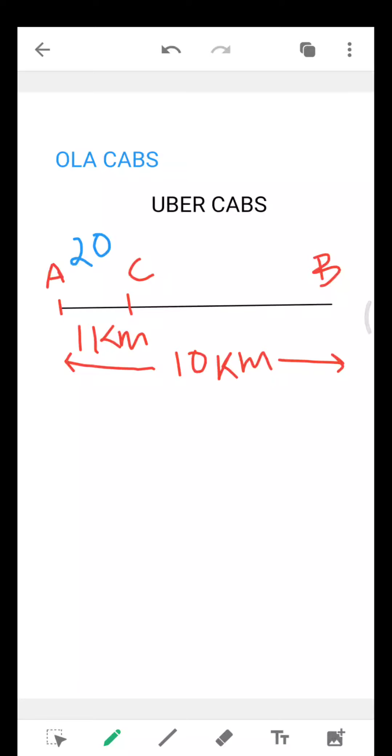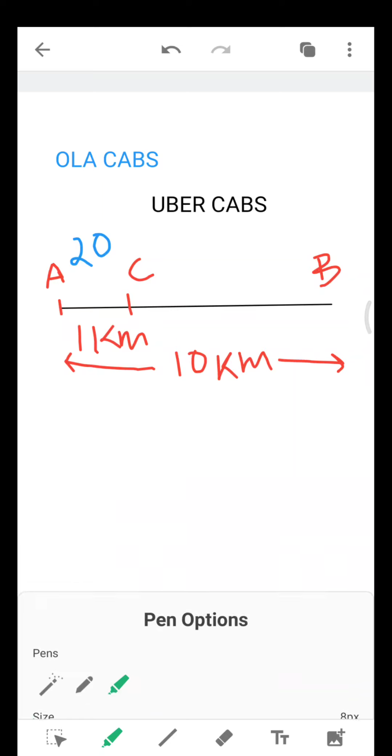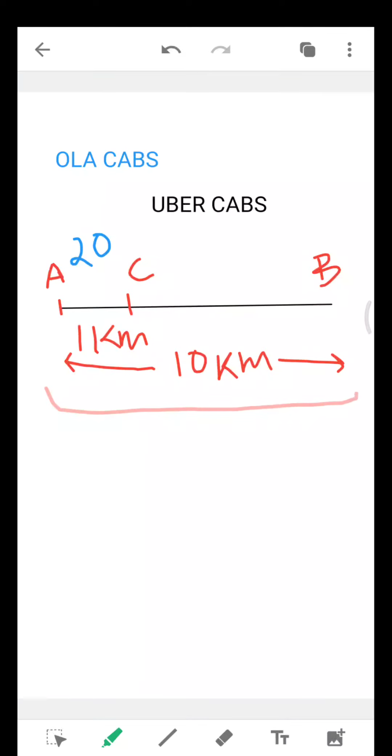The distance between A and B is total 10 kilometers. But for the first kilometer there is a fixed charge of rupees 20. So even if you travel half a kilometer, you have to pay that initial charge of rupees 20. So you can travel up to 1 kilometer in 20 rupees.